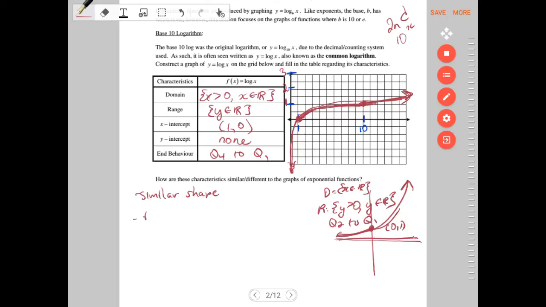They are different as the x and y values are reversed. What's x on one becomes y on the other, and vice versa. Let's take a look at the natural logarithm.